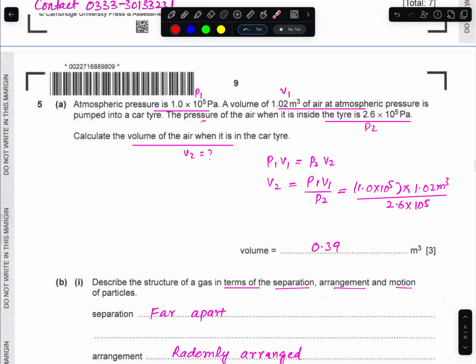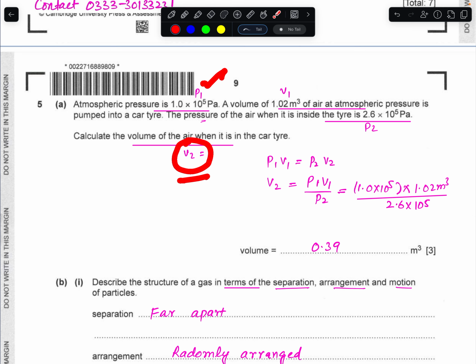Question number 5. In this question we will be using Boyle's law. Atmospheric pressure is given. The volume of air at atmospheric pressure is also given, and the pressure in the tire is given, which is 2.6, but the volume of air inside the tire is not given, so we must calculate this V2.